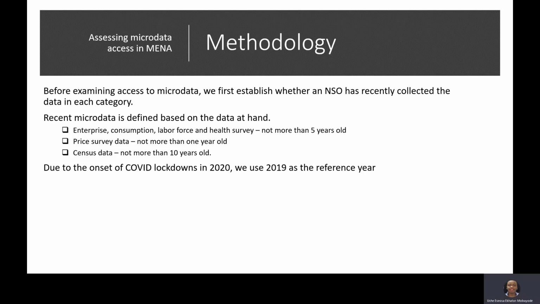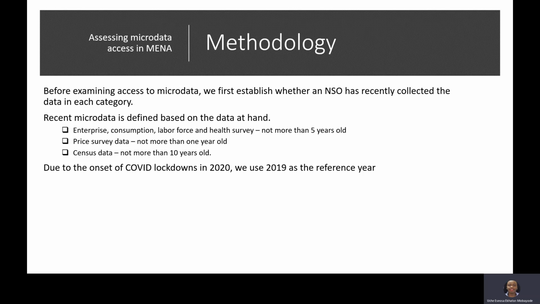So typically, we expect that these surveys are collected at least once in 5 years, and this is a little bit relaxed. For example, the World Bank expects consumption and welfare surveys, like the household budget surveys, to be collected once in 3 years. But if a household survey is collected once in 5 years, we consider it as recent.